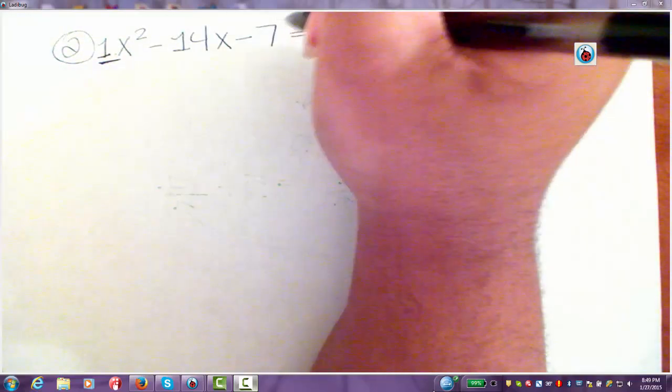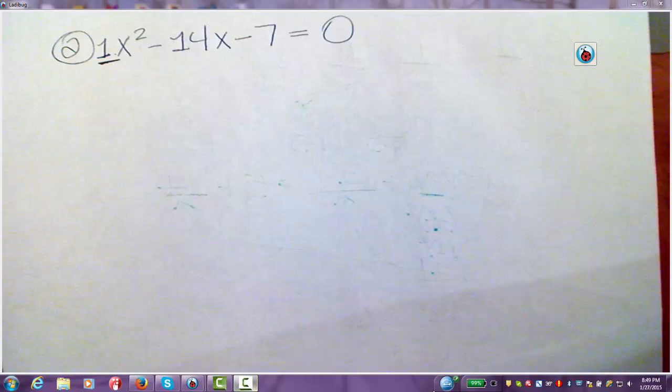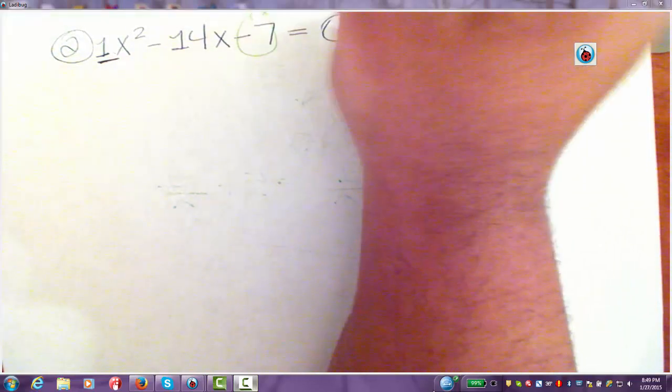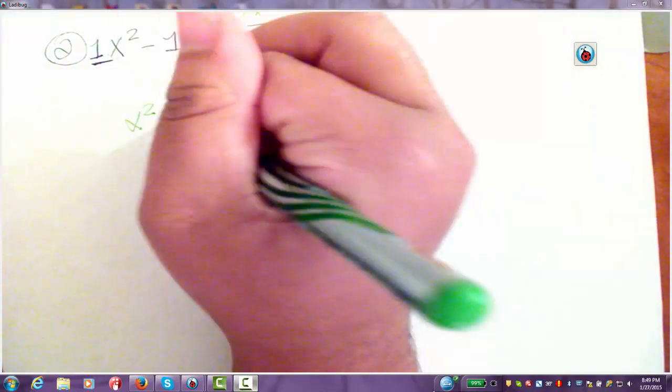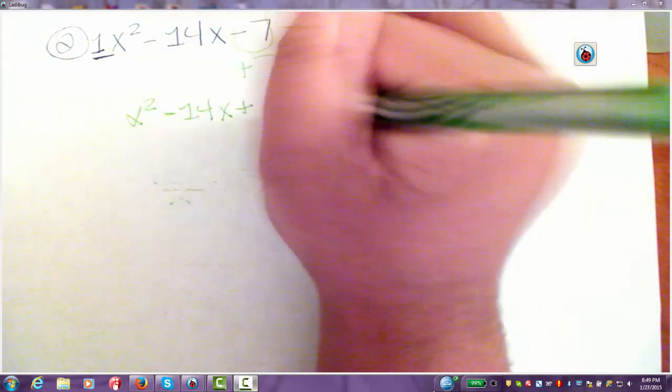So now we can go ahead and take 7 over to the other side. Well, negative 7 to the other side. So when we do this, we add 7 to both sides, and we get x squared minus 14x plus blank equals 7 plus blank.